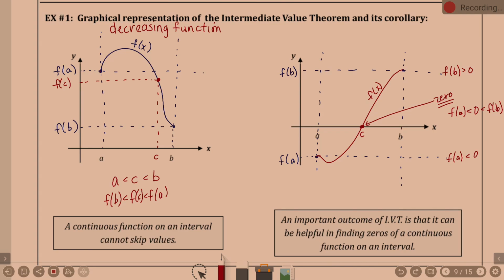And this point here, I labeled it as C, but it is the point C comma 0. Okay, so that's one of the ways we'll use it, is we can say that yes, at some point on that interval, this graph does equal 0. Okay, this function does equal 0 because one endpoint was negative, the other endpoint was positive. Okay, this was an example of an increasing function. It could be done just the other way as well.